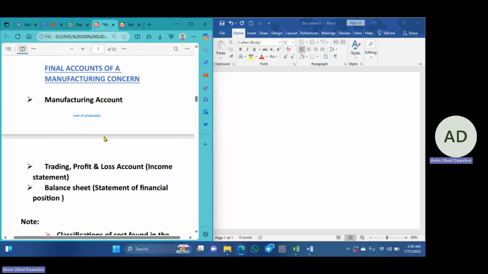The production department is going to manufacture the products, and as a result, we need to compute the cost that the production department is going to incur to produce the products. Then once the production department is done, they will transfer the products to the sales department.